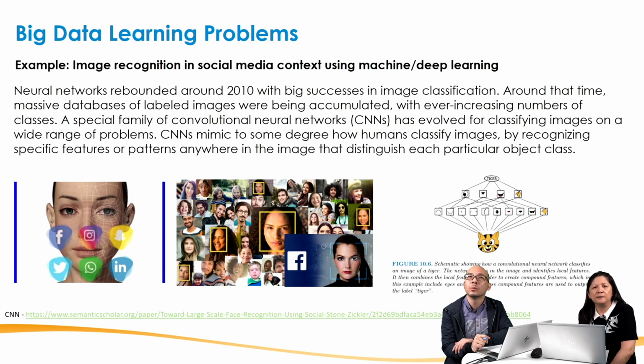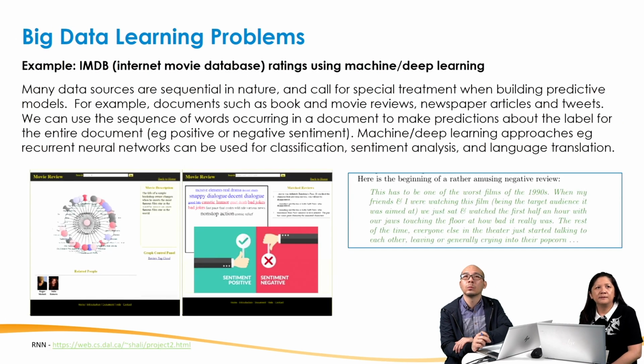We see deep learning approaches used in image recognition, which can also be applied in the social media context to analyze a large database of labeled images. A special family called convolutional neural networks has evolved for classifying images on a large range of problems.